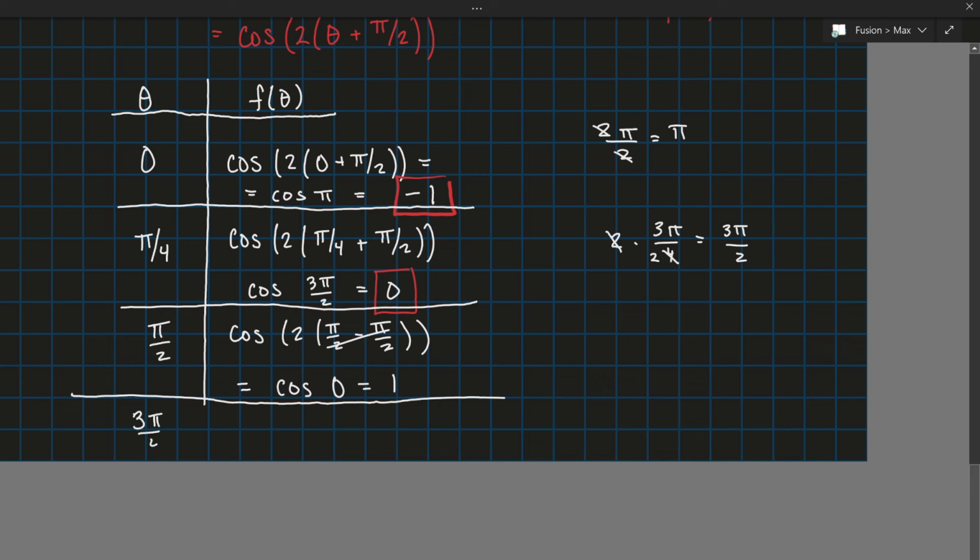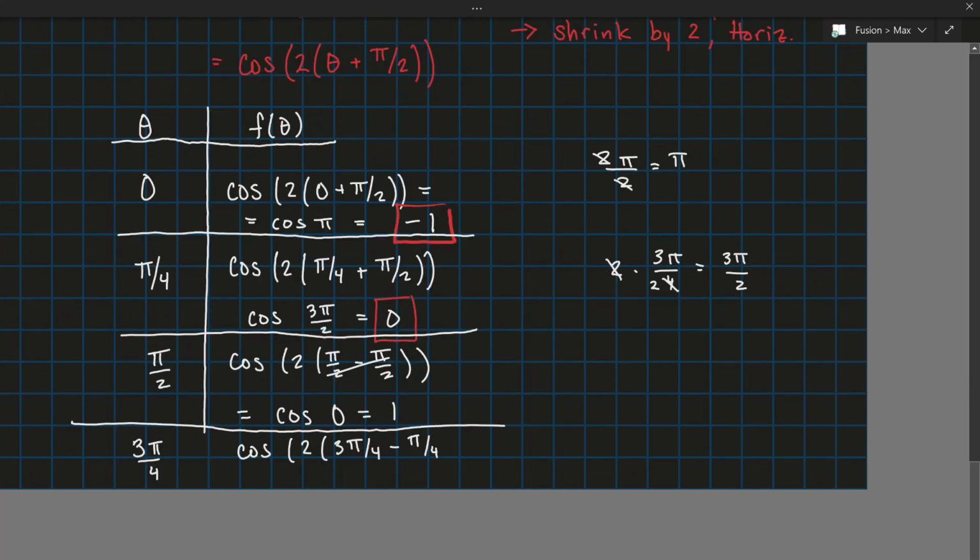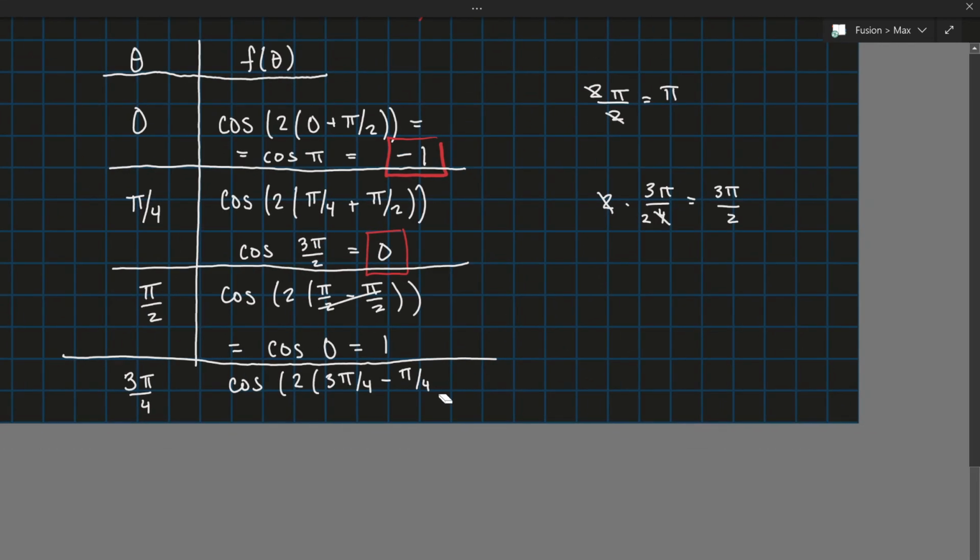3 pi over 4. So cosine of 2 times 3 pi over 4 minus pi over 2, excuse me. So what's that?